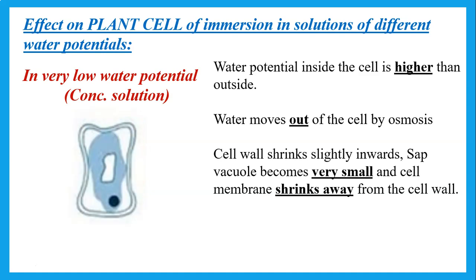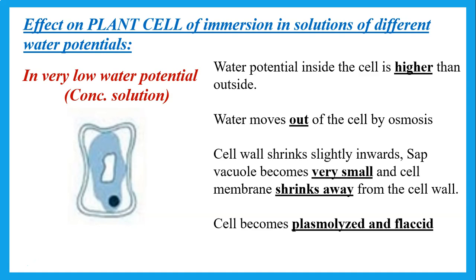Can you see this? The cell membrane originally was right next to the cell wall. Now everything is shrinking in, so the cell membrane shrinks away from the cell wall, and we say this cell has become plasmolysed, or we say that it has become flaccid or wilted.